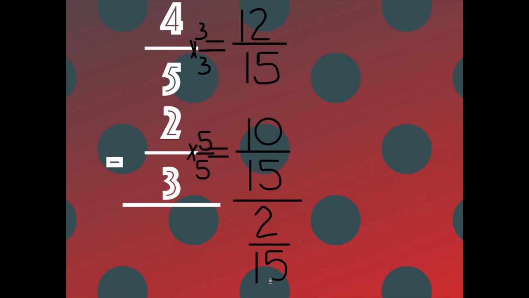If you start off with 12 fifteenths and someone takes 10 of them, then you're only going to have 2 of your fifteenths left. Nice job. Yes, nailed it.